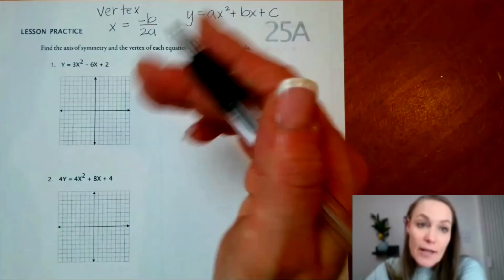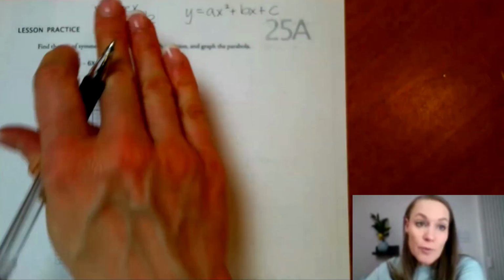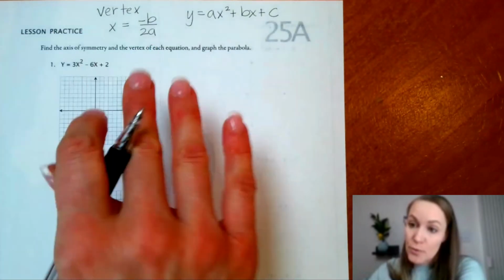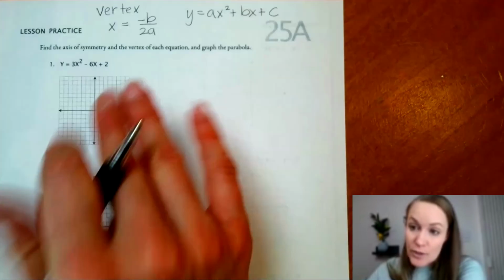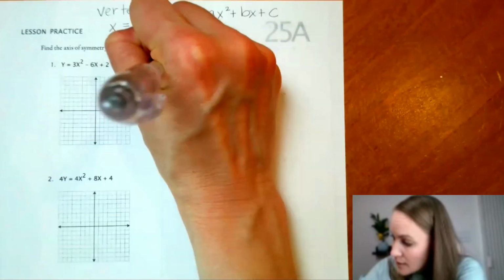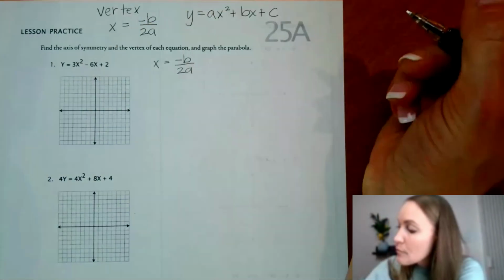Okay, so let's go ahead and find our vertex. Every time you do this, I really want you to rewrite the vertex equation. This is going to help you remember how this equation works and what it is. So x equals opposite b over 2a.